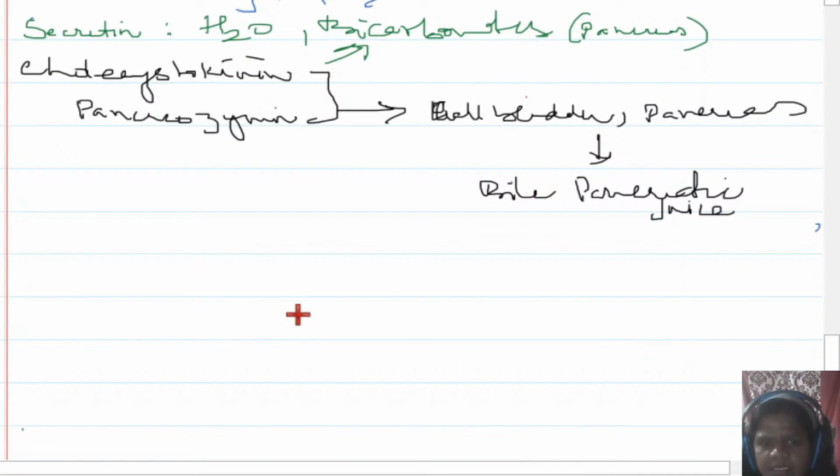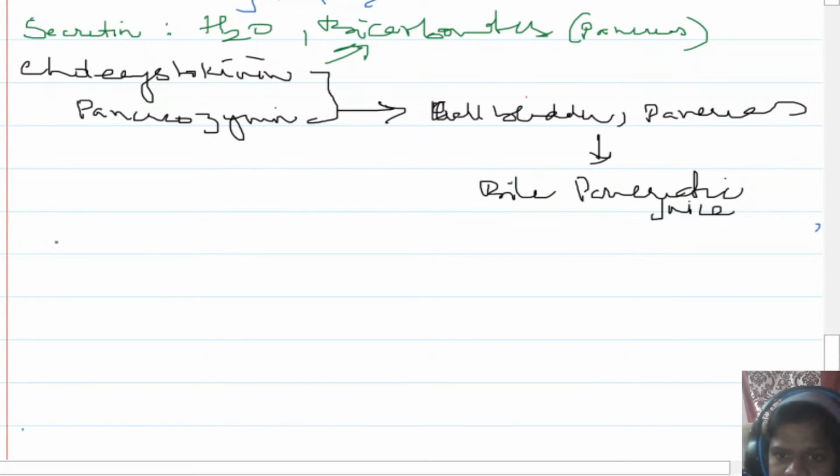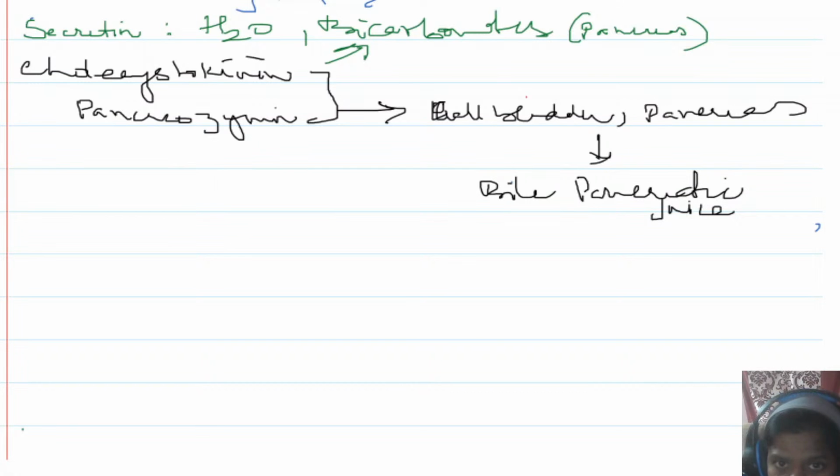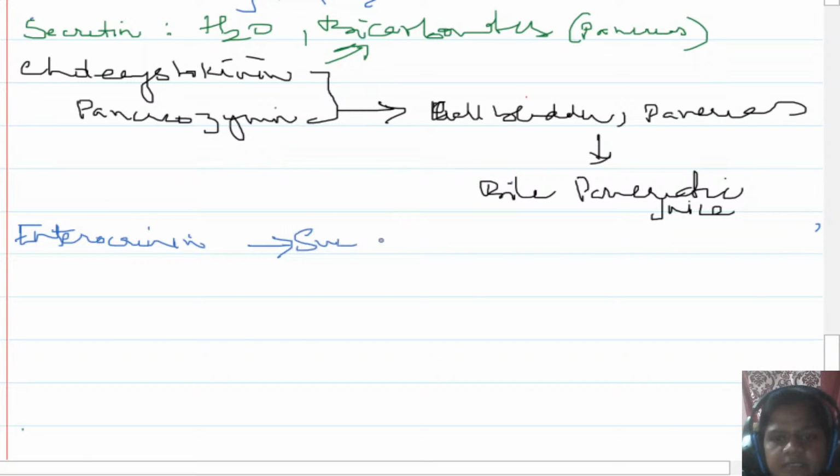And then there is another one called enterokinin. That stimulates the production of succus entericus, another word for intestinal juice.